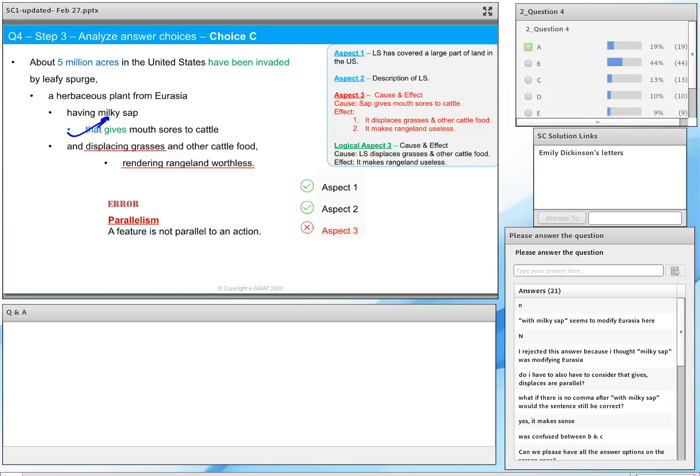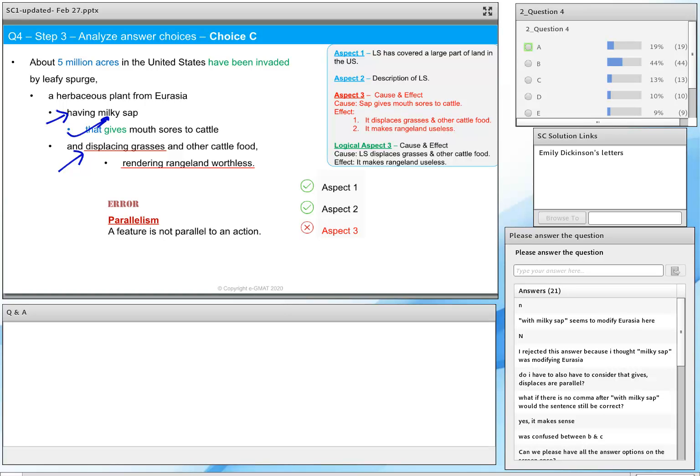However, we have an issue over here: "and displacing grasses and other cattle food." So at this level, this entity and this entity have been made parallel. Now, visually, grammatically, they look right because you have an ing modifier and then another ing modifier, so they should be parallelly correct.